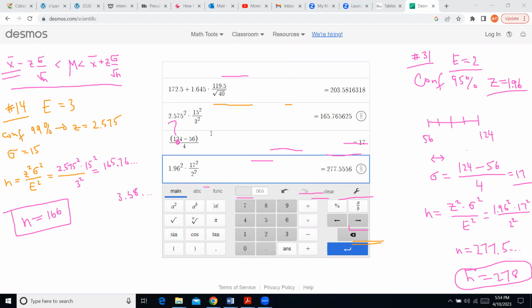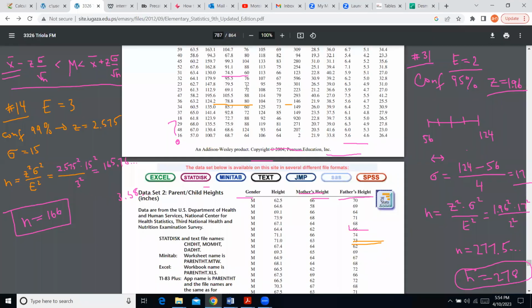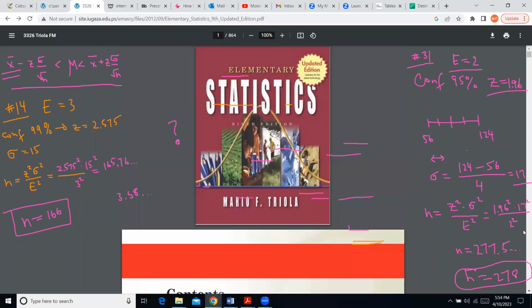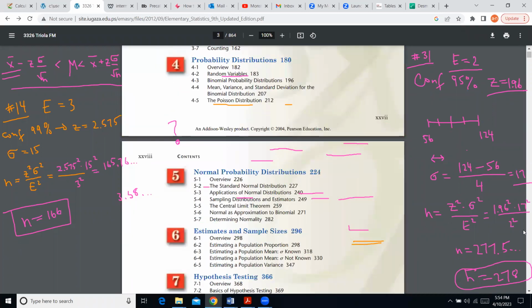So this is what the section is talking about. Extra little formula. And as promised, now I'm gonna move to the section that was here before, section 6.2. So that'd be page 298.